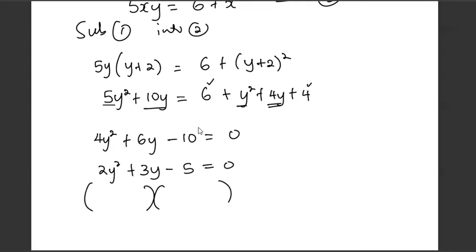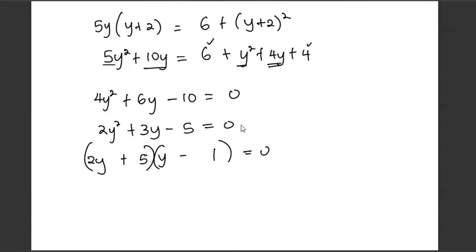Let's open up the brackets or quadratic formula, whichever one works best for you. Then for us to get a 5 and a 3, I can put the 5 here, and then this will be a 1. Since I want a positive, let's see. That's a minus 2y and a 5, perfect, okay?